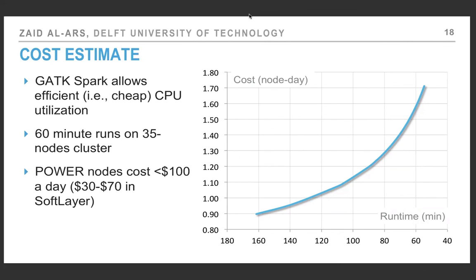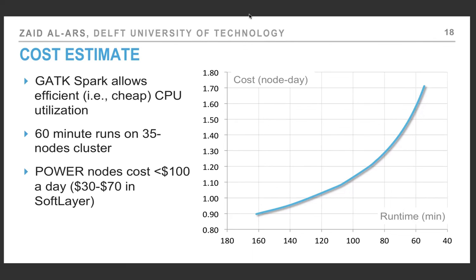We saw that we can run our GATK pipeline for under 60 minutes when we scale the cluster up to 35 nodes. The figure shows that as we reduce the runtime of the whole pipeline, we reduce the efficiency of our pipeline and increase the relative cost of running the pipeline on the cluster.